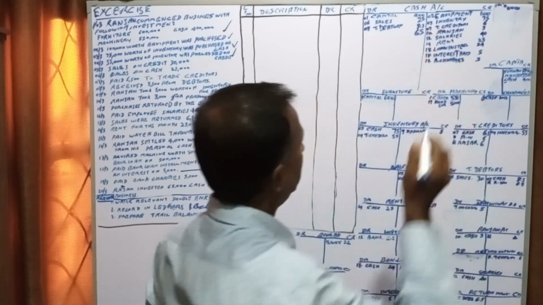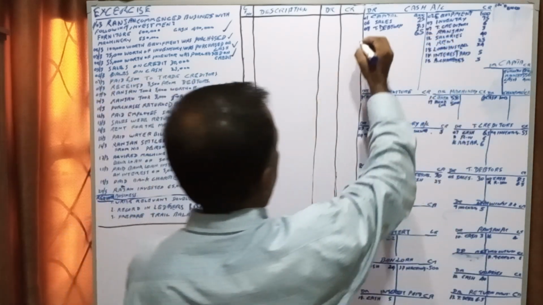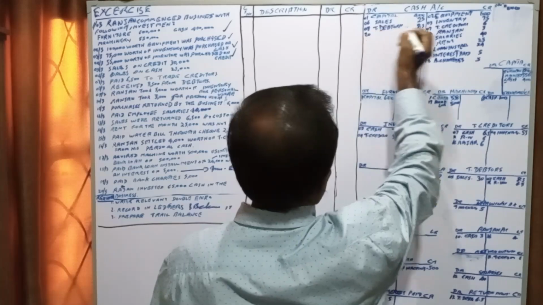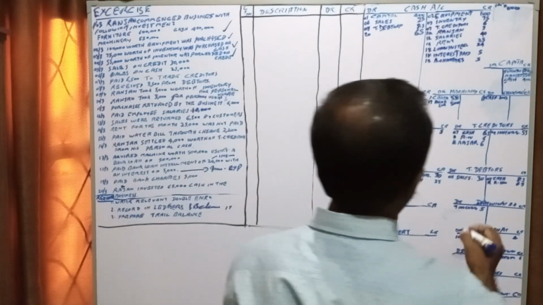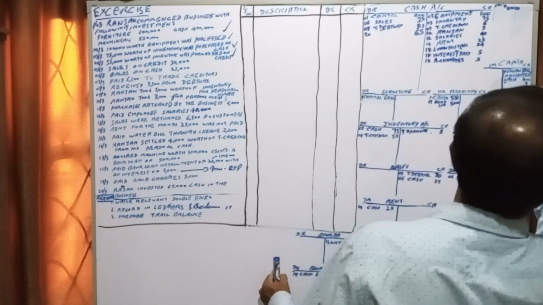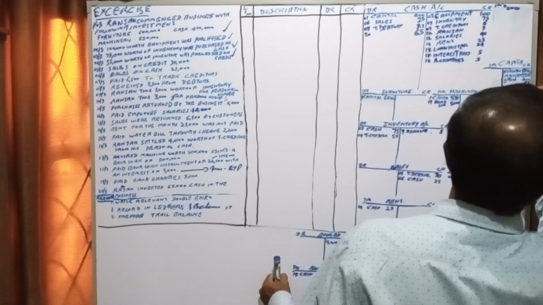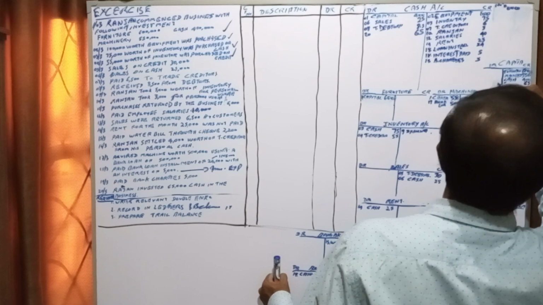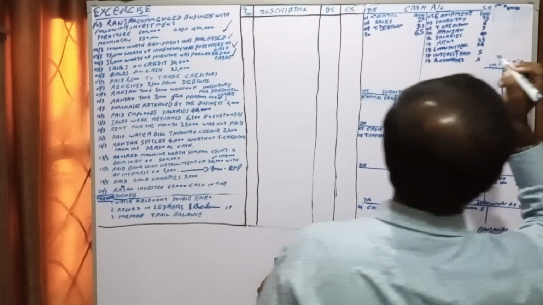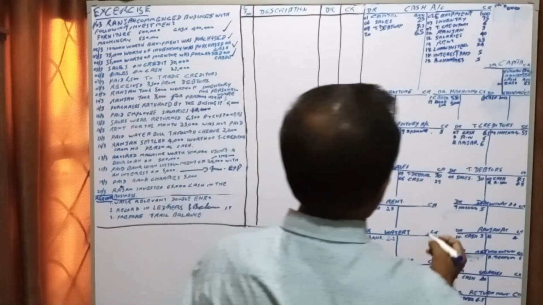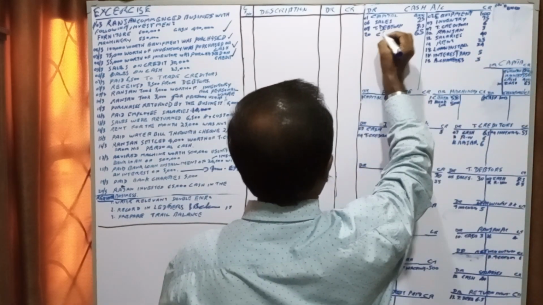He's bringing cash into the business. So the cash account is debited and the capital account will be credited. 65,000, 20th, cash. He brought cash into this. Here you will say capital.